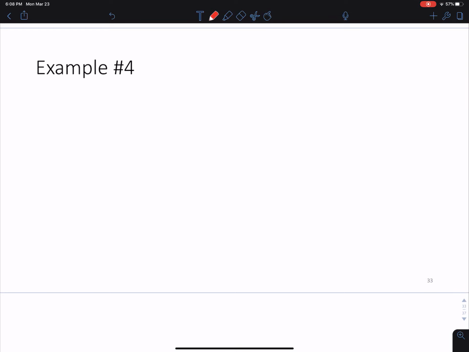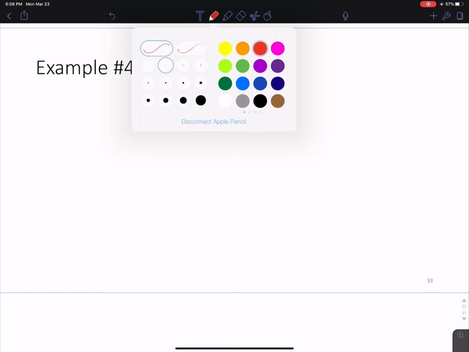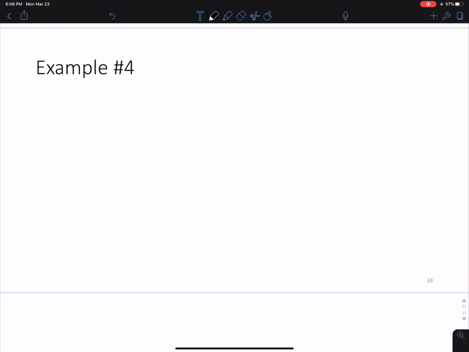All right, so let's go ahead and try example 4. Let's go through this. So you're given a simply supported beam. We have a uniformly distributed load.